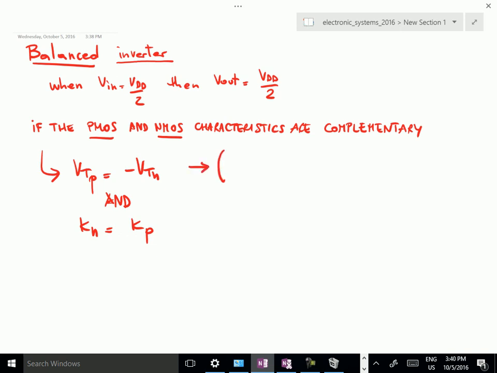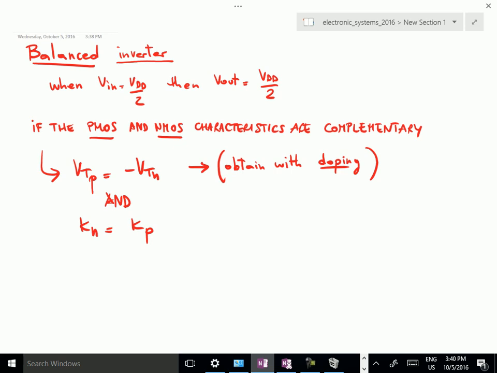This is obtained with doping of a material. So it's a technological achievement that is possible by treating appropriately the semiconducting material, the silicon used for the PMOS and for the NMOS.